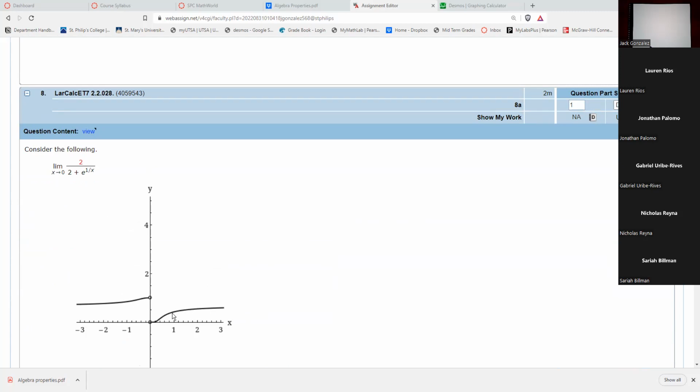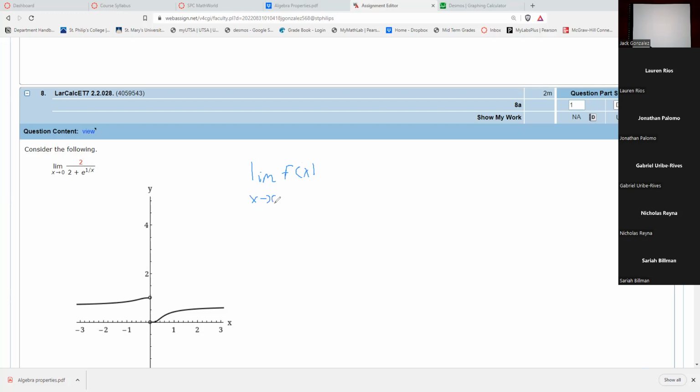What is the right-handed limit? What do you guys think?